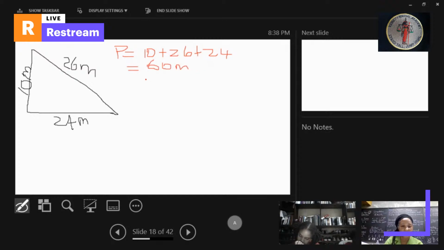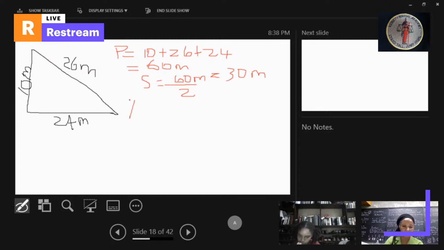Okay, so the semi-perimeter would be 60 meters divided by 2, which is 30 meters. All right, so now we're going to plug this into the formula, right?